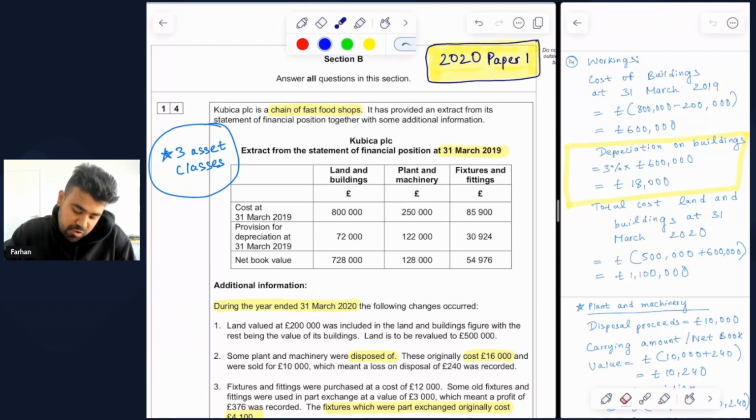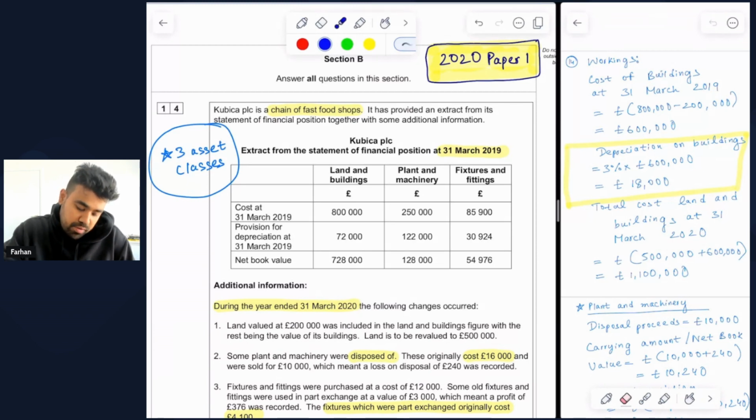During the year, we had a disposal of a plant and machinery, and the depreciation for that relevant asset was £5,760, which we figured out here through many calculations and complications. And once we have factored everything in, you will see that the total balance at 31 March 2020 is £139,792 for plant and machinery.